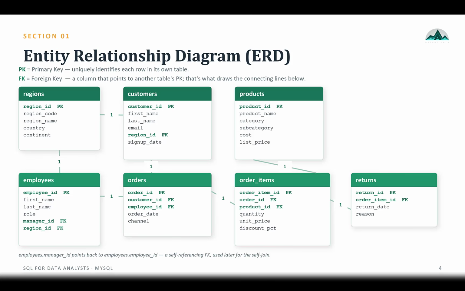And you can see from this diagram how these two tables are connected. For example, let's look at regions and customers. I know in my region table, I have the region ID, the region code, the region name, country, and continent. If I wanted to join that table with the customer table, I would use my primary key to connect to the region in the customers table.